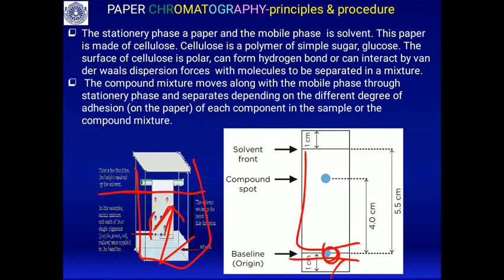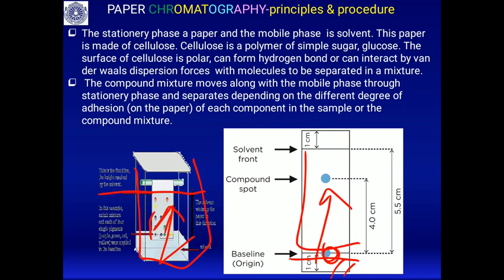Then we keep it in the solvent, and it moves through capillary action. Unlike electrophoresis, where we apply electricity, here we are not applying any electricity. It is through capillary action.